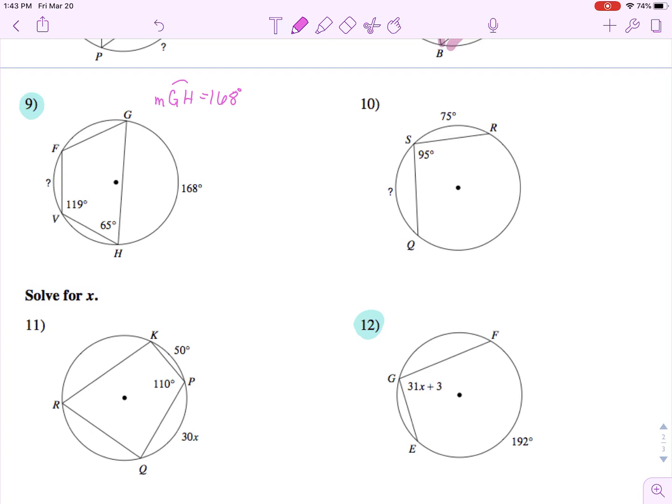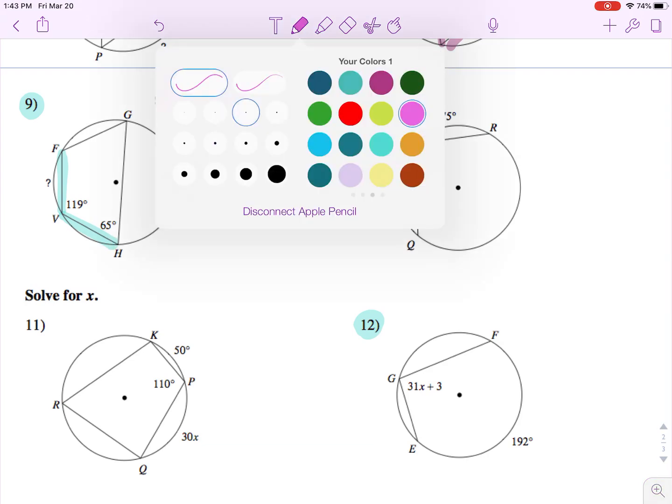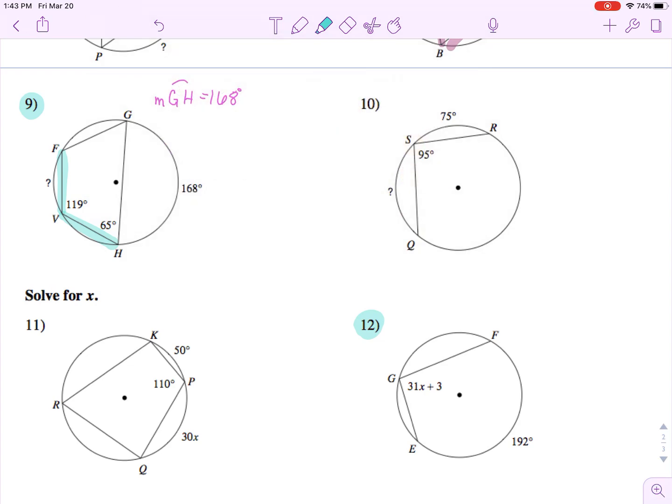All right, so I'm going to do this in a couple different parts. I see angle FVH is 119 degrees. And I also see that the arc it intercepts is FGH.